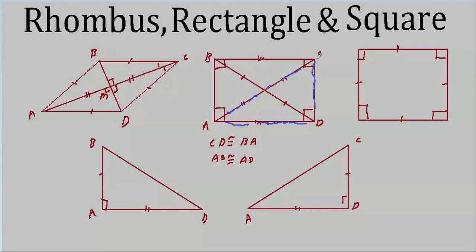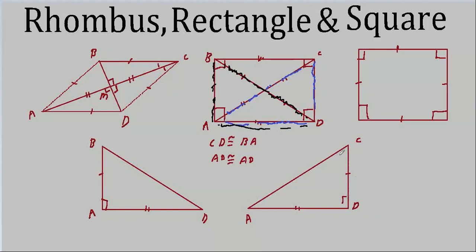Now this part that I've shaded in blue here, this corresponds to this triangle down here, right triangle. And this part here I shaded in black, that corresponds to this triangle here. See, ABD, ABD, and here we have ACD, ACD.